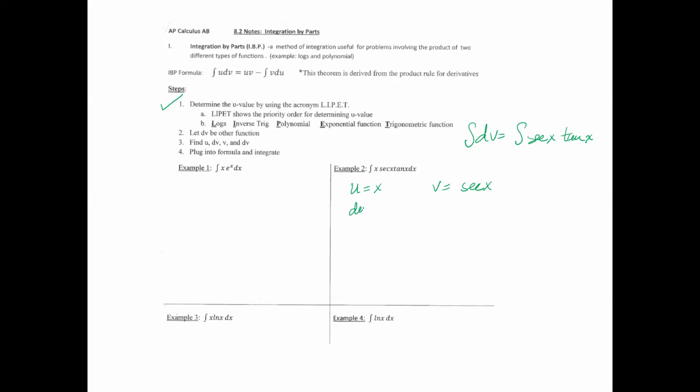And so then let's find the du. Derivative of x is 1 dx. The derivative of v is going to be secant x tangent x.